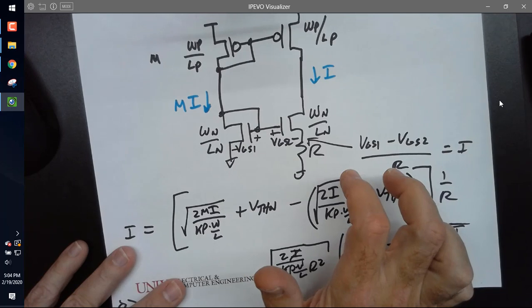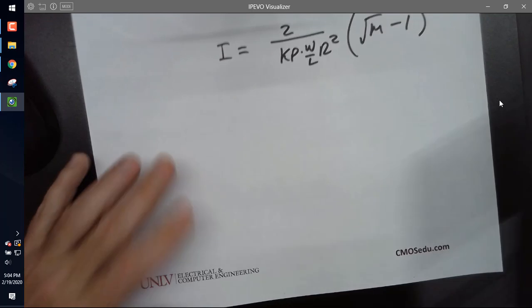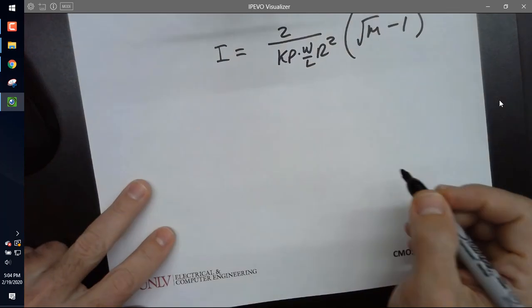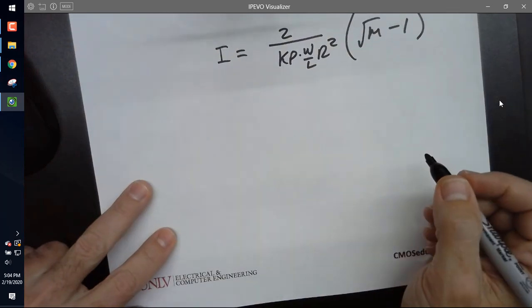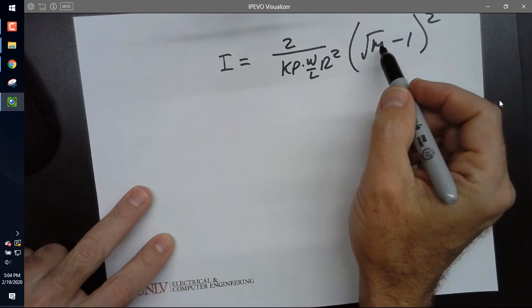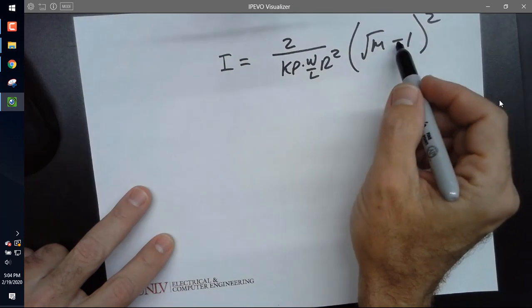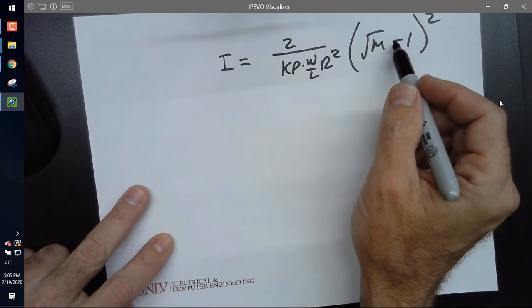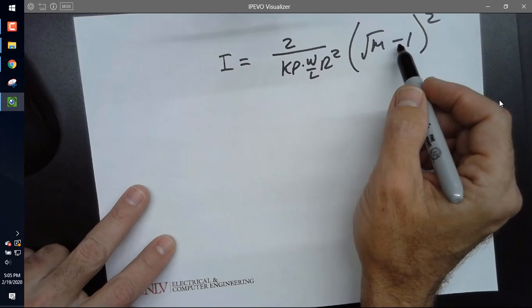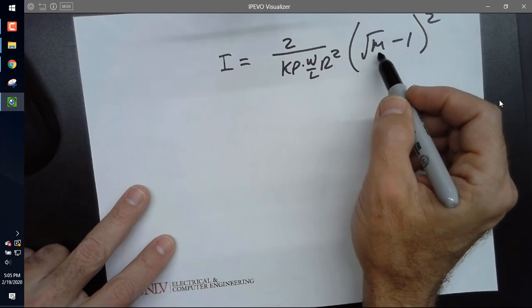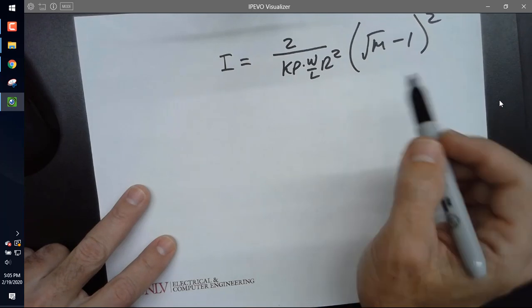Okay, so now let's go look. I want to modify this real quick. I want the same value, so I want this equal to 5. The square root of 5 would be 3.902, that would be, yeah, let's pick M equal 2.